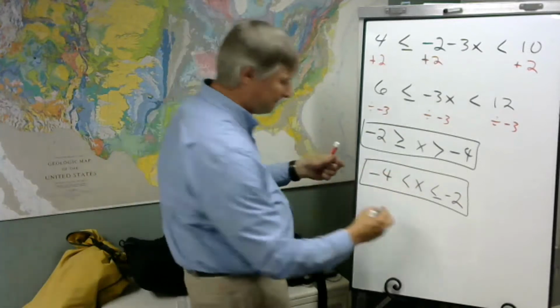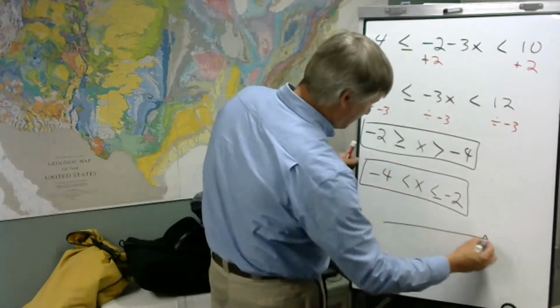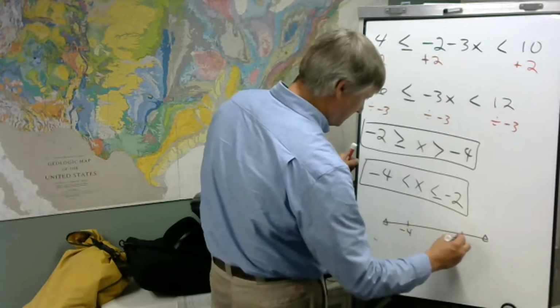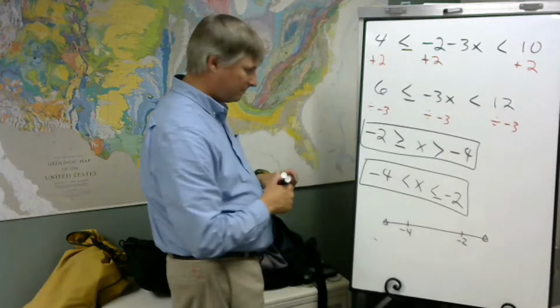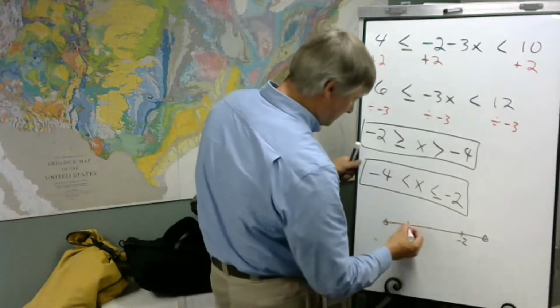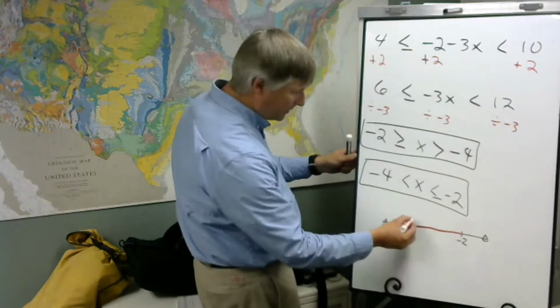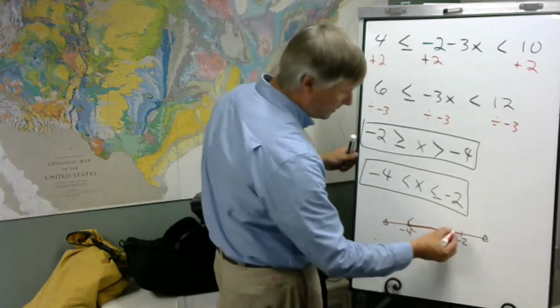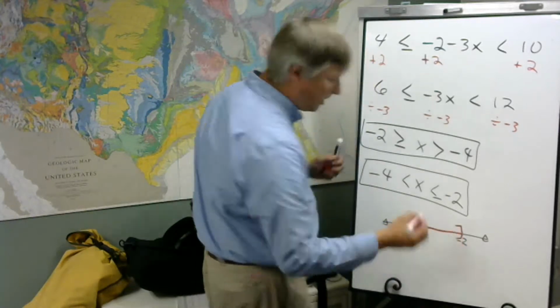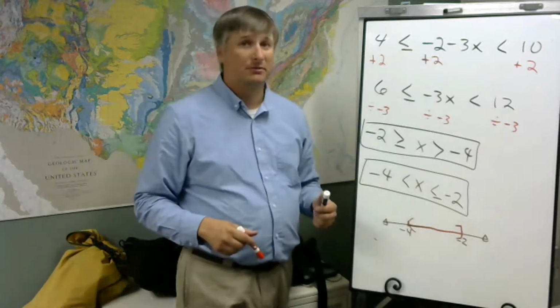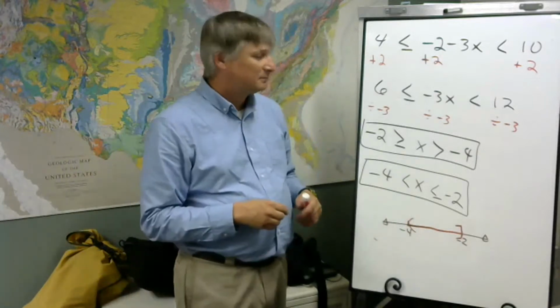And if we graph this, we're not going to include negative 4. We are going to include negative 2. And that's going to be our solution. All right.